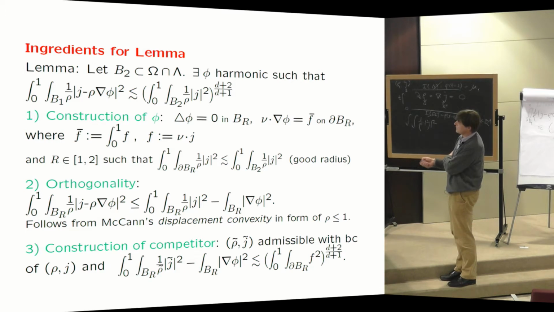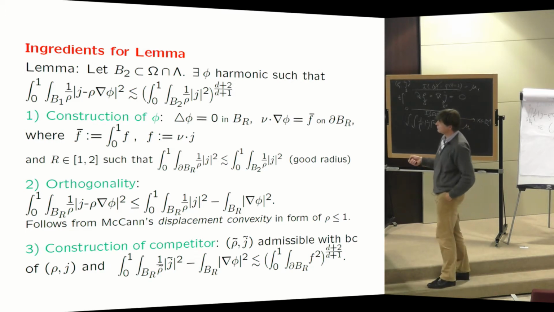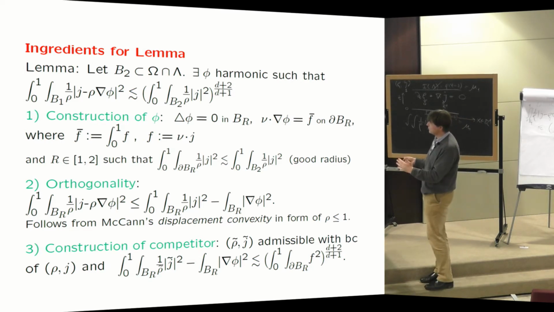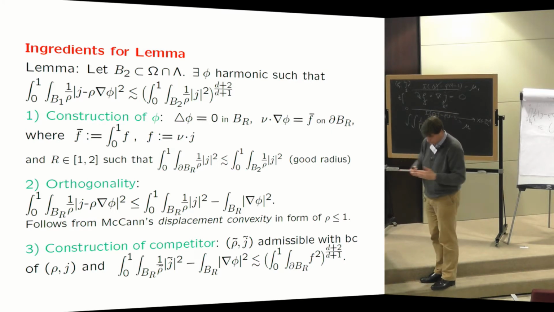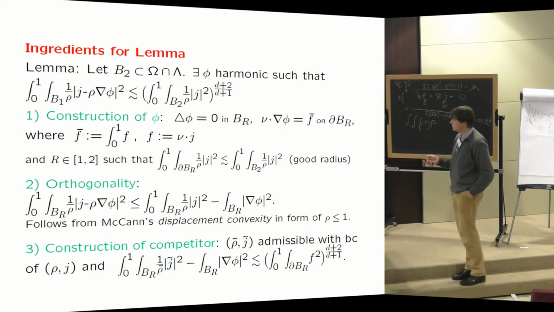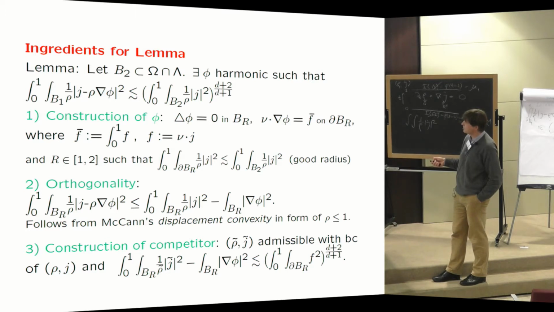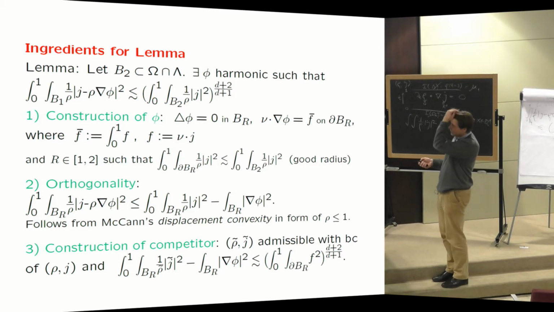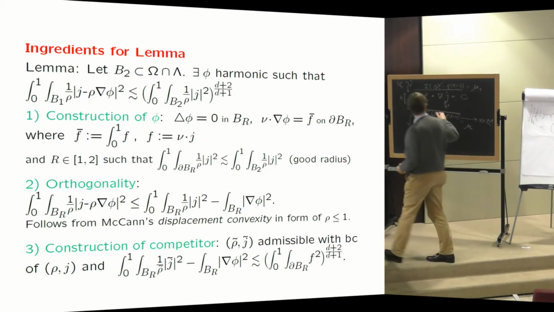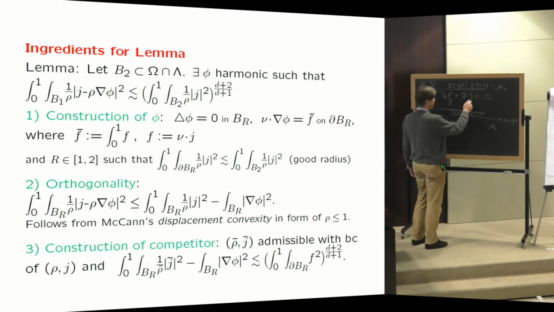imposing boundary data. And what are the most natural boundary data to impose? Since it's about transportation, it's more natural to think about fluxes, so Neumann boundary conditions, instead of Dirichlet boundary conditions. And what Neumann boundary conditions should you impose? Well, since you want to compare the gradient of phi to j, it's natural to take the same boundary conditions for j and the gradient of phi.